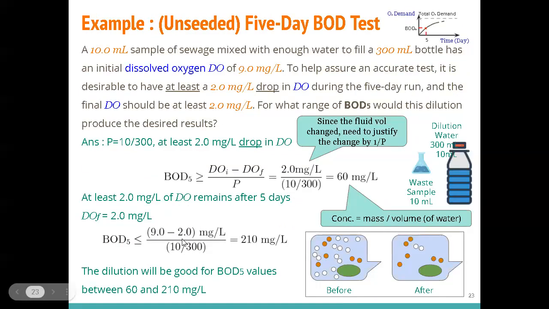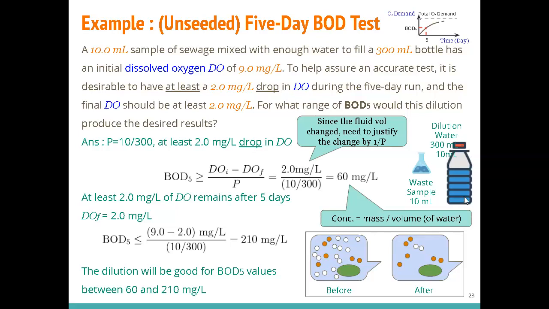Okay, now you have an example. So first of all, we start with 10 milliliter sample sewage, mixed with enough water to fill a 300 milliliter bottle. So now you are filling up the standard BOD bottle with 300 milliliter. So meaning that your dilution water should be how much? 290 milliliter, right? 300 minus 10.